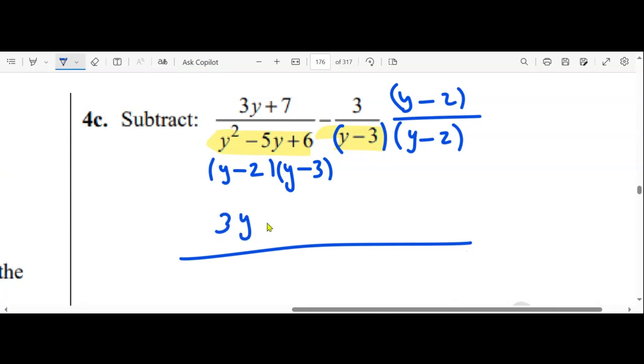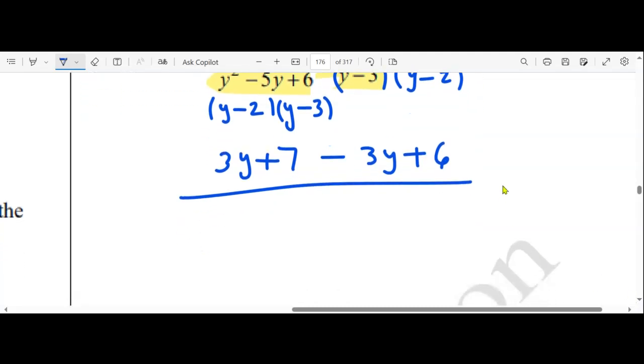Now the top would be 3y plus 7 minus 3y plus 6. So if you add them, what are you going to get?